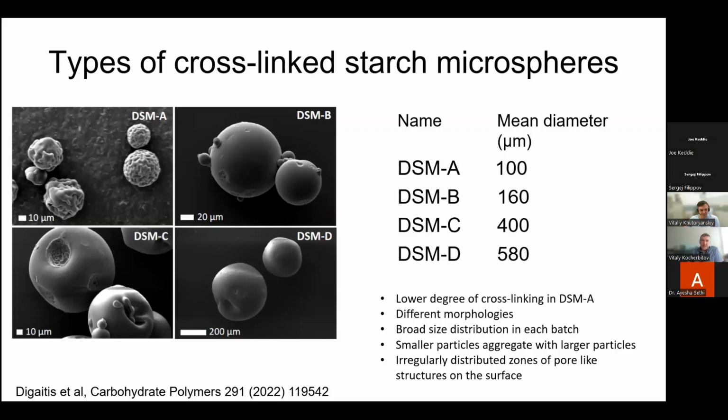And these are the sizes in the hydrated state, but the figures on the left are of course in the dry state, electron microscopy figures. Also, those different particles have different degrees of cross-linking, so they can adjust their properties in order to be able to use them for different applications.